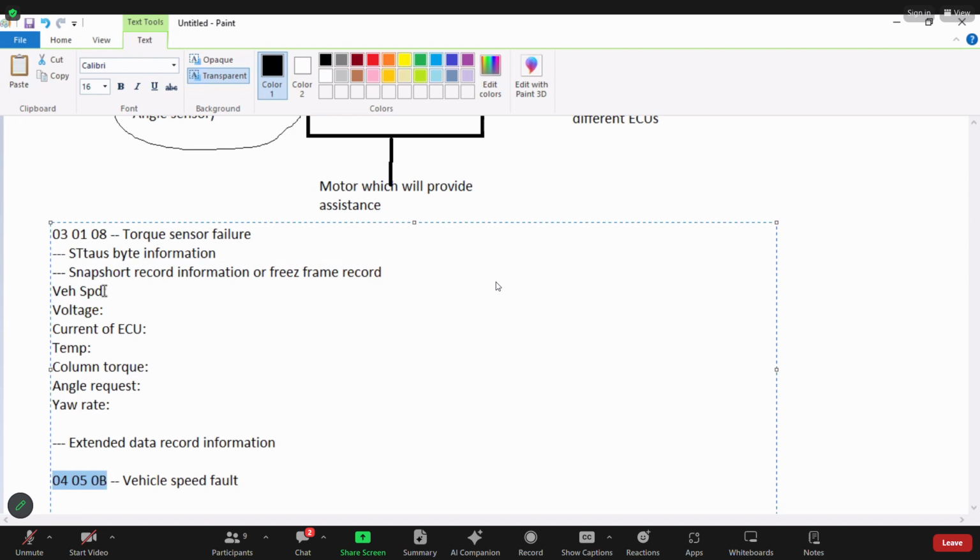Now, along with snapshot record, there will be an extended data record also stored for each DTC. What does extended data record mean?